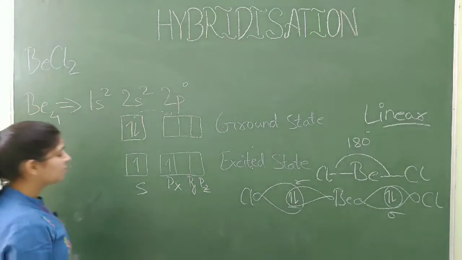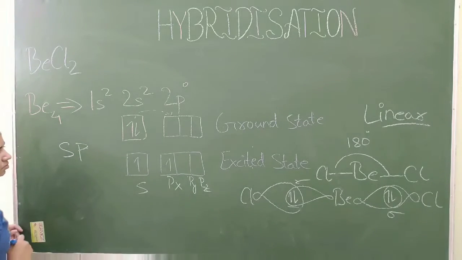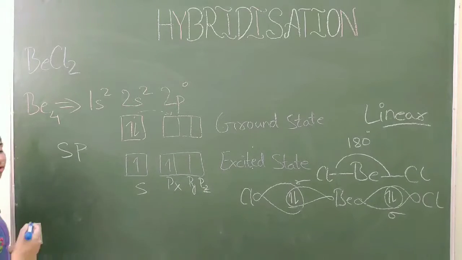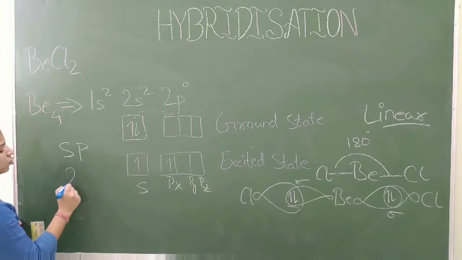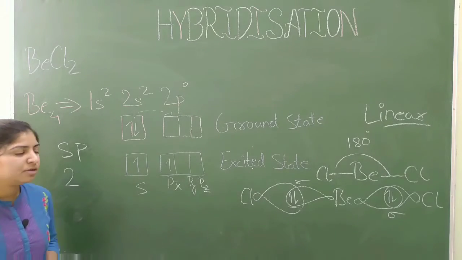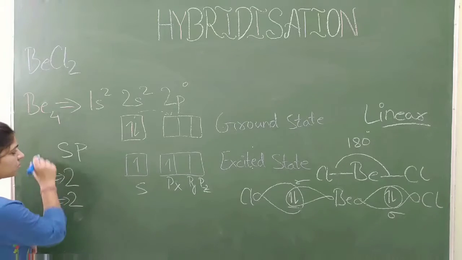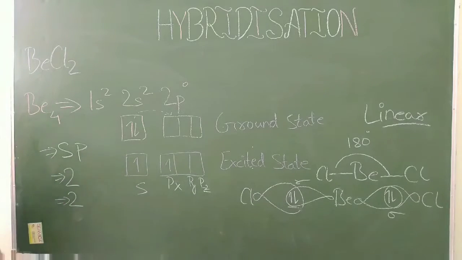Okay, and hybridization is sp, total number of hybrid orbitals is 2, and total number of sigma bonds is 2. Okay, so now you can take a screenshot.